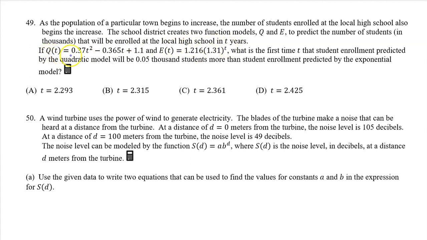If Q of T is equal to 0.37 T squared minus 0.365 T plus 1.1, and E of T is equal to 1.216 times 1.31 to the T power, what is the time T that students' enrollment predicted by the quadratic model will be 0.05 thousand students more than the student enrollment predicted by the exponential model?